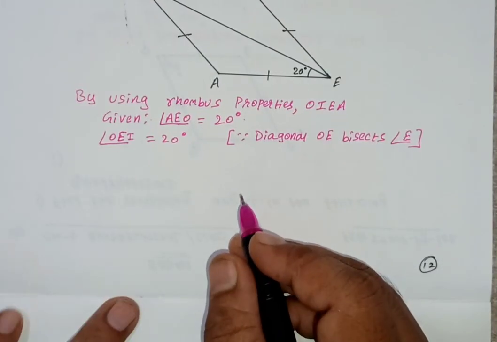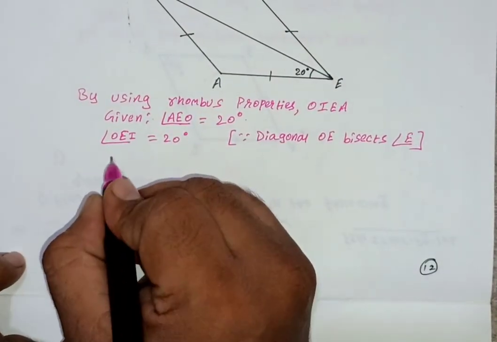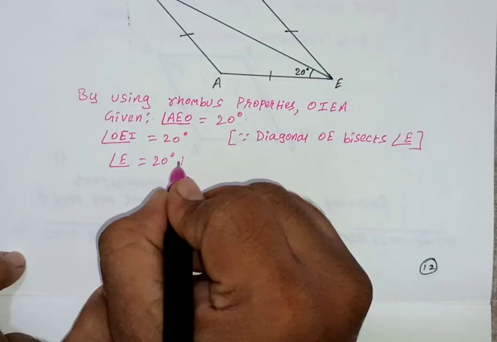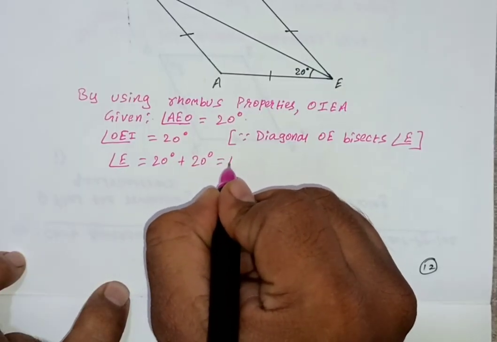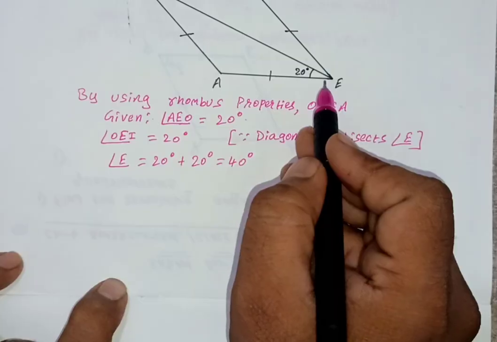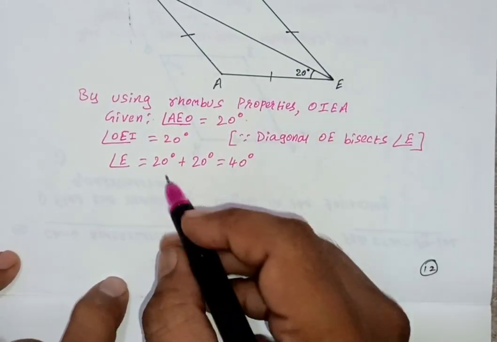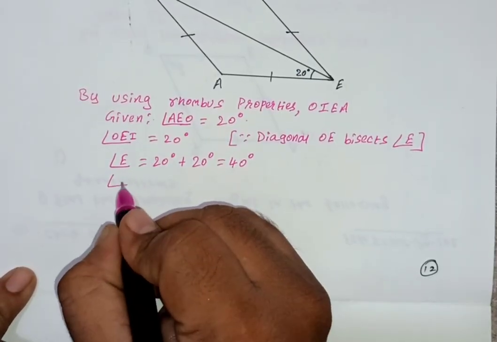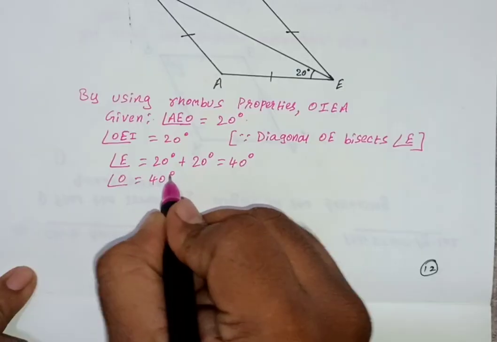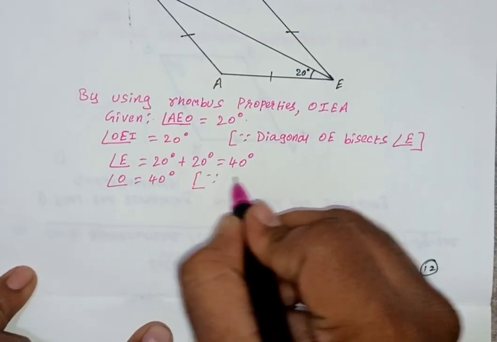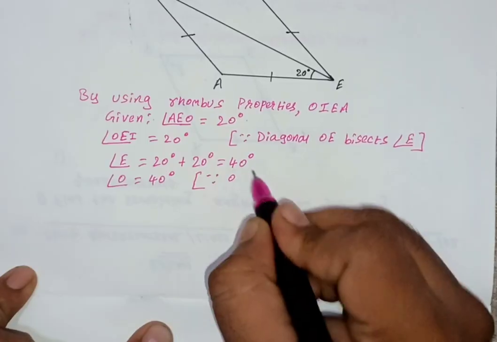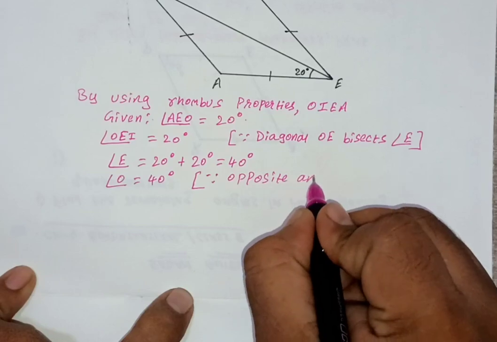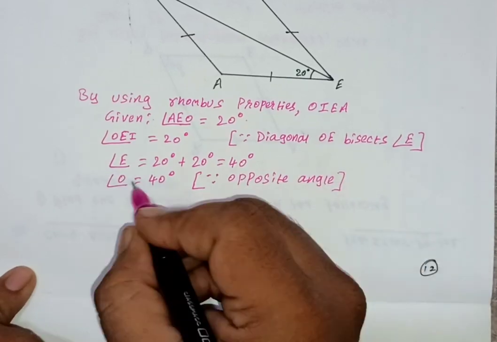Okay, children. Next, after OEA, we will get the value of angle E. You'll find 20 degrees plus 20 degrees, which is equal to 40 degrees. So we'll find that angle O is 40 degrees, since it is an opposite angle.